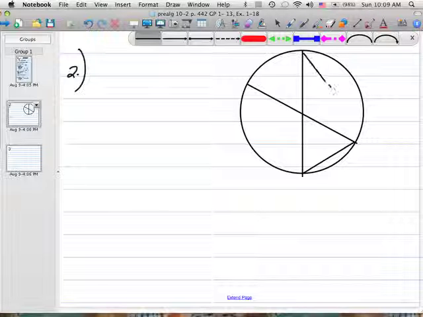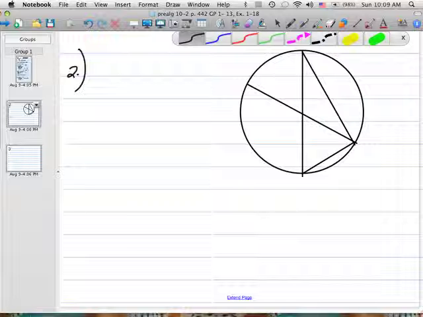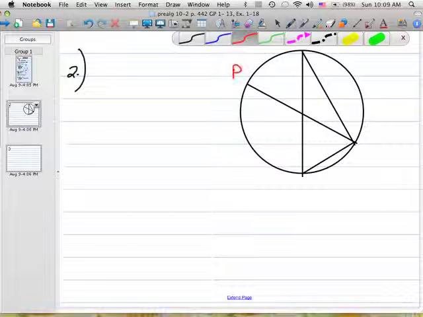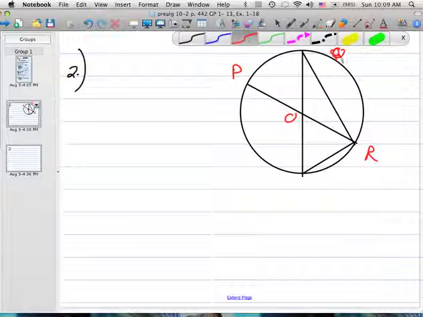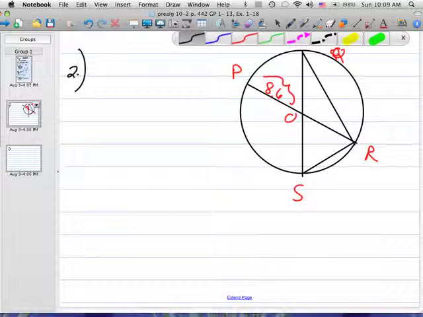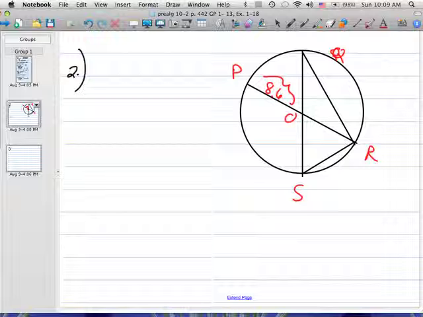Labeled P, O, R, this is Q, and this is S, and they give us this length right here, 8.6. So identify as many radii, chords, and diameters as possible.